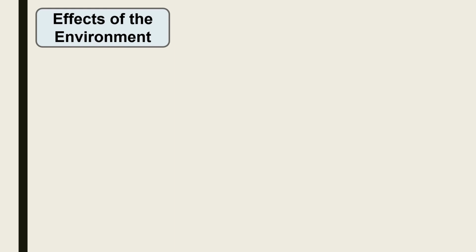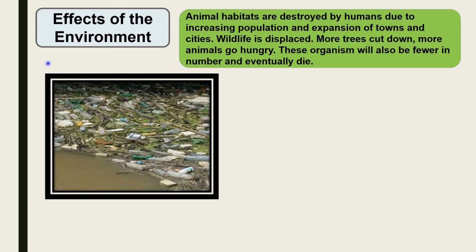What are the effects of the environment? The effects of the environment: animal habitats are destroyed by humans due to increasing population and the expansion of towns and cities. Wildlife is displaced. As you can see, in some parts of the Philippines, snakes come into the house because the forest is being destroyed now.